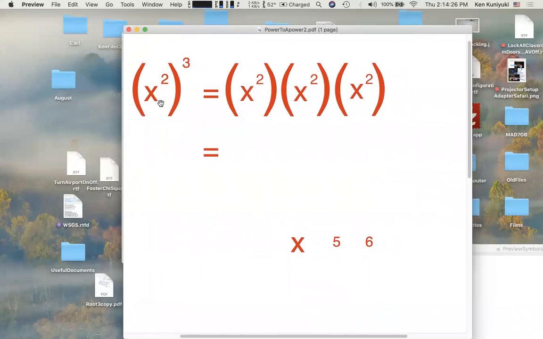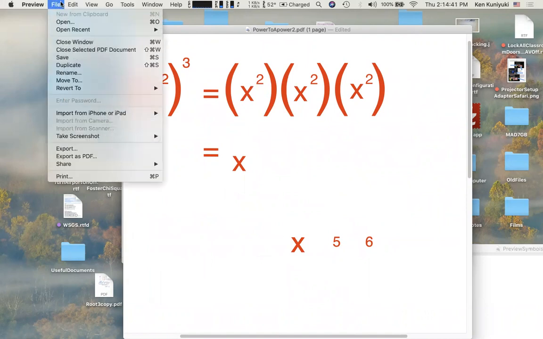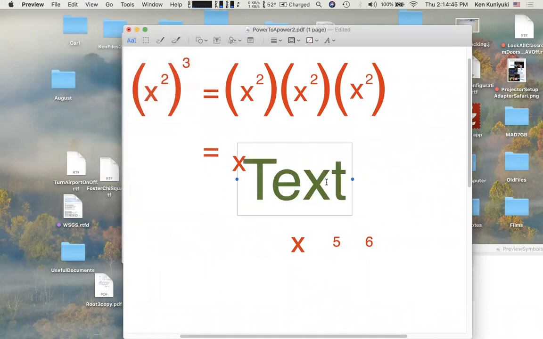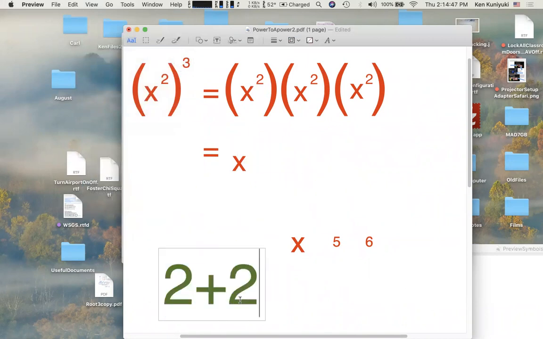So the cube of x squared is x squared times x squared times x squared, right? Well, that's going to be x to the, remember, when you multiply powers of x, what do you do to the exponents? You add them. But now what is 2 plus 2 plus 2?